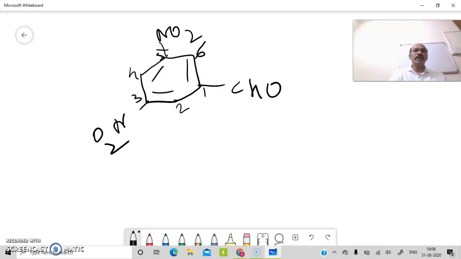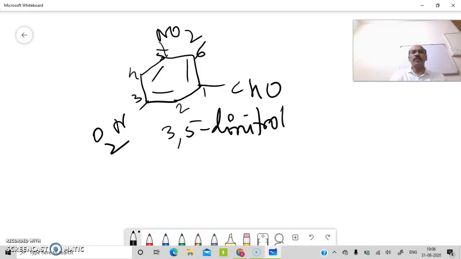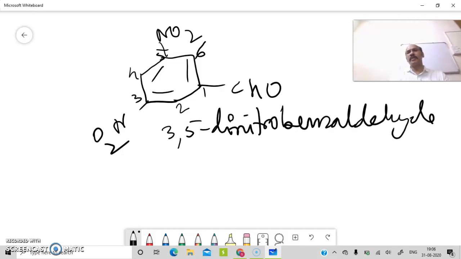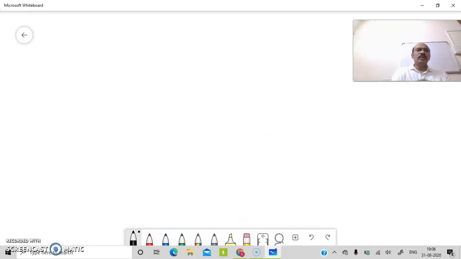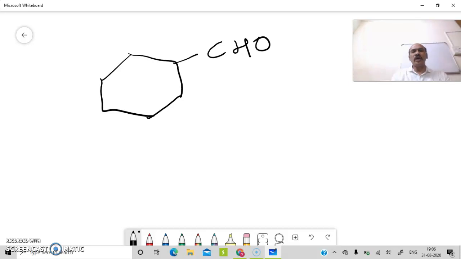So here it will be 3, 5, two times nitro, so dinitro, and last will be benzaldehyde. So its name is 3,5-dinitrobenzaldehyde.